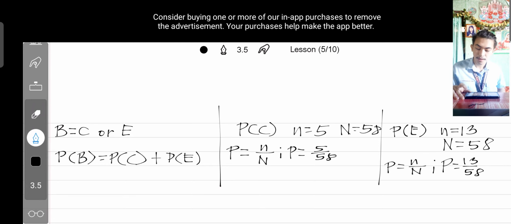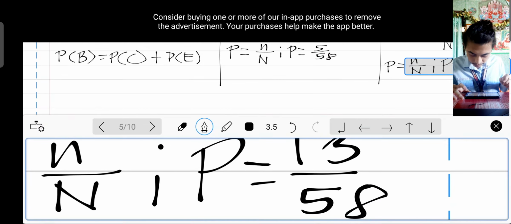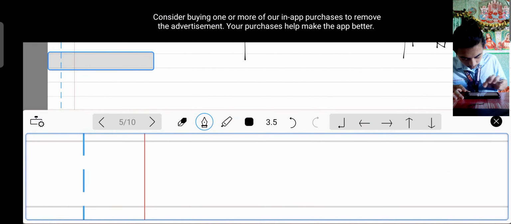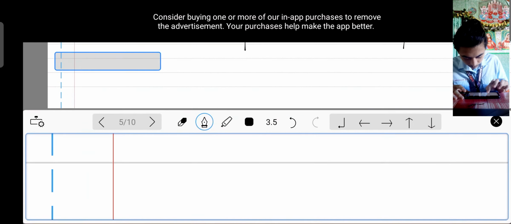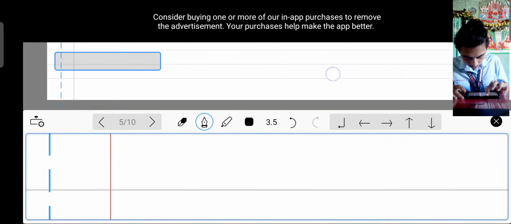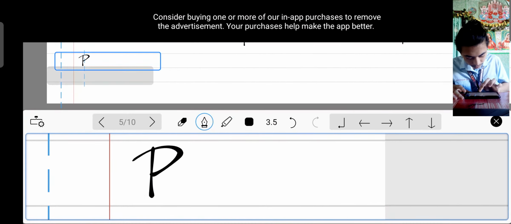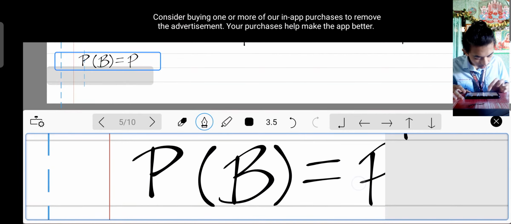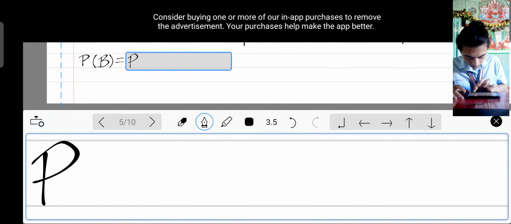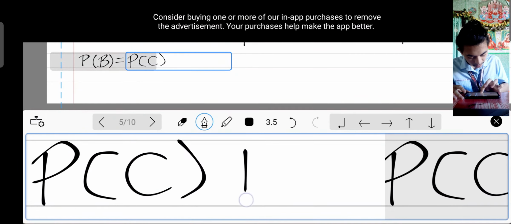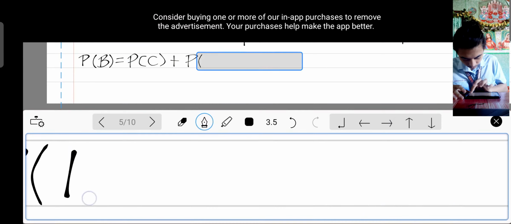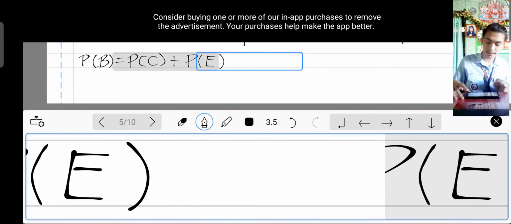We have the values of the probabilities of getting civil engineering students and electrical engineering students. Now, to get the probability of event B, we have to add these two values. Probability of event B is equal to probability of getting civil engineering students plus the probability of getting electrical engineering students.